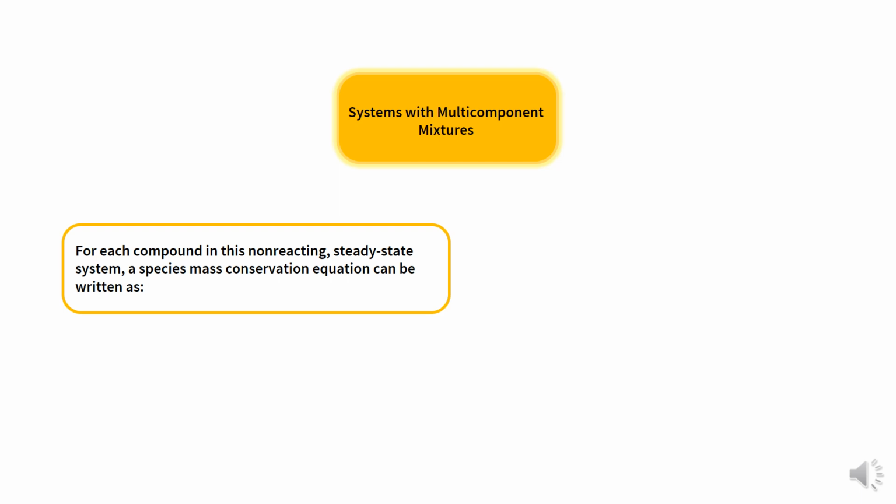For each compound in this non-reacting steady-state system, a species mass conservation equation can be written as the summation of the mass fraction of compound S in the input multiplied by the mass flow rate of input, minus the summation of the mass fraction of compound S in the output multiplied by the mass flow rate of output, is equal to 0.